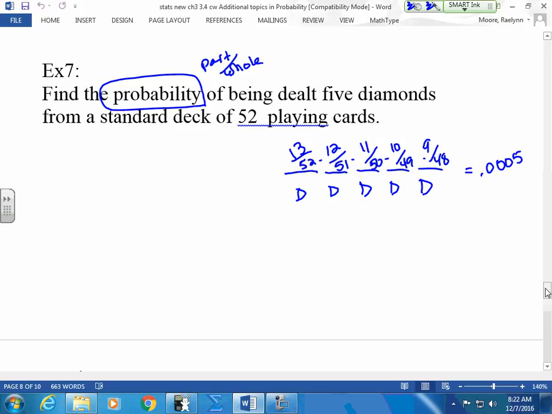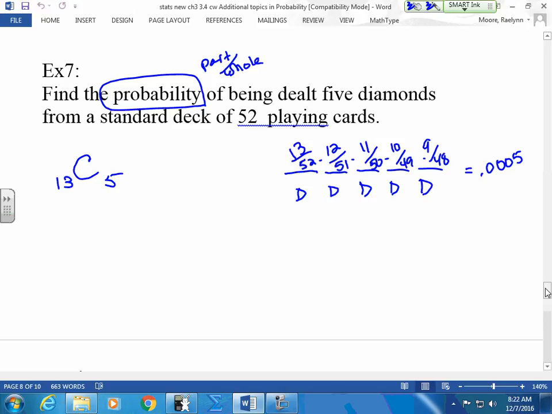Now, we can also do this as a combination, because does it matter what order I actually hold those cards in? No. So I've got to do part over whole. I want 5 diamonds, out of how many diamonds in my deck? And I want 5 of those. So that'll give me how many different ways can I choose 5 diamonds.